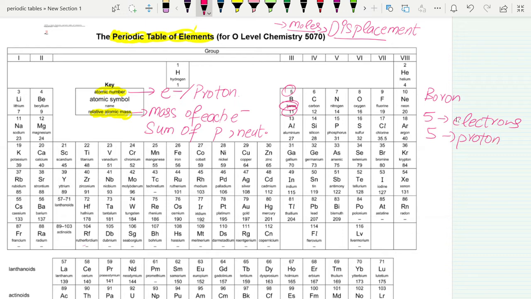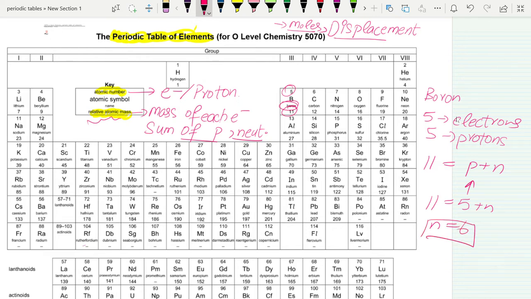Now, how to calculate the number of neutrons? As we know, the relative atomic mass is the sum of protons and neutrons. So 11 is equal to protons plus neutrons. As protons are 5, 11 is equal to 5 plus n. So n is equal to 6.